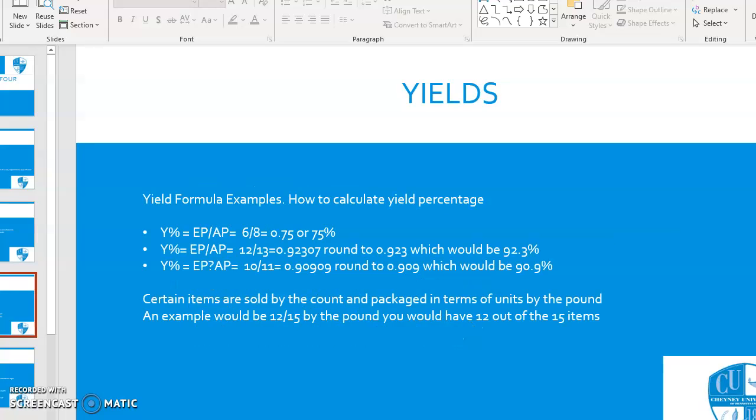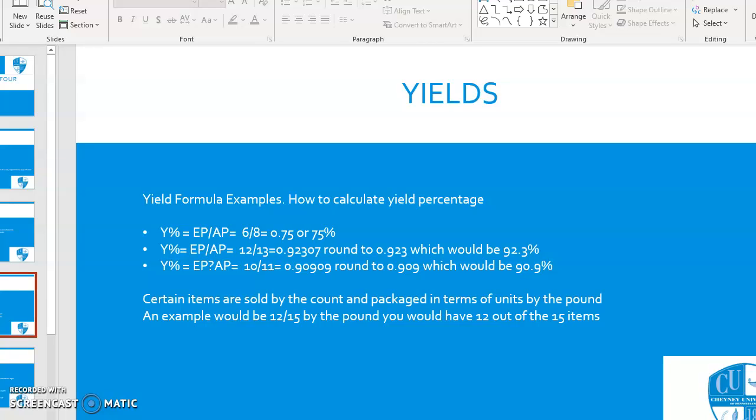So I gave examples of yielded formulas, and these are examples that I actually came up with. It is a spin-off from the textbook formulas. You could also look at the textbook formulas as examples and illustrations when it comes to the discussion questions as you begin to answer those discussion questions for your assignment.